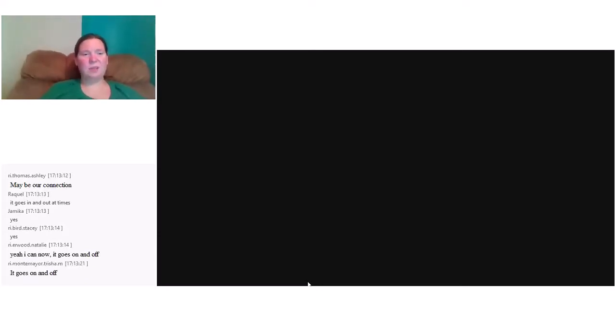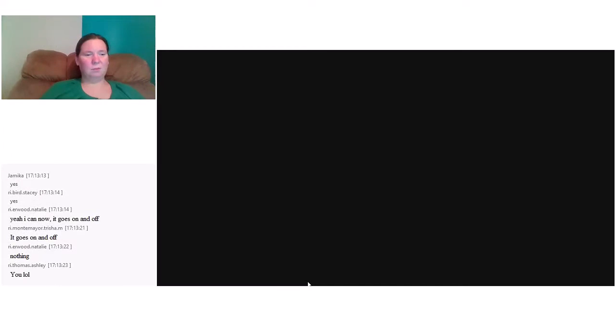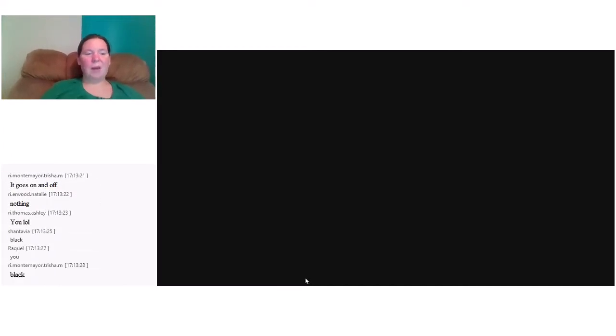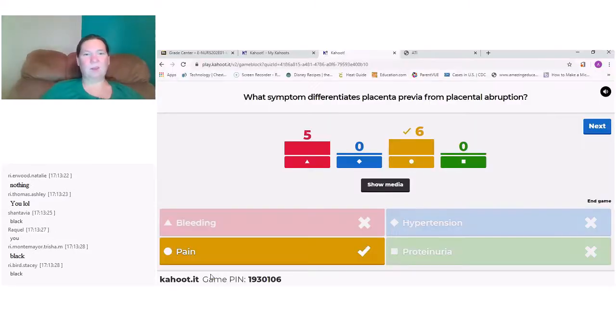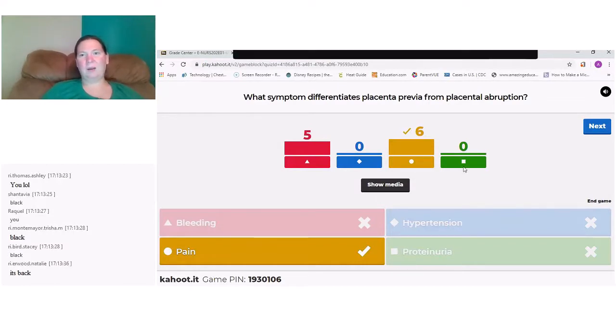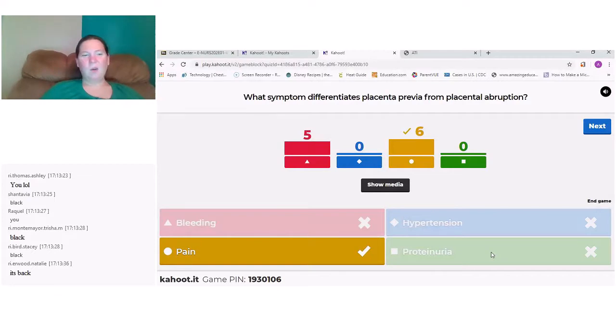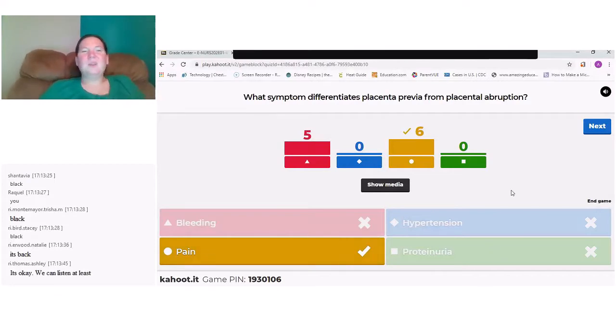Gotcha. So what do y'all see right now? Do you see the black Skype screen or do you see the Kahoot screen? Okay, so it must be because I went back and forth between the screen. So let me go back to that one. And I'll stay on this screen so that way it doesn't mess y'all up. Because I thought it would only share this screen, dang it. Sorry.